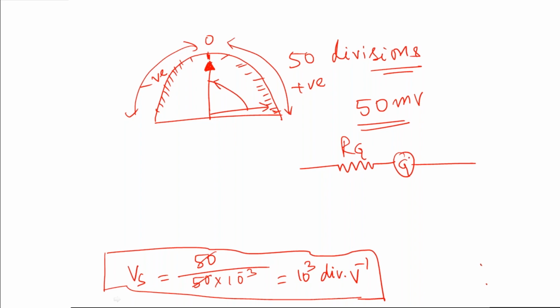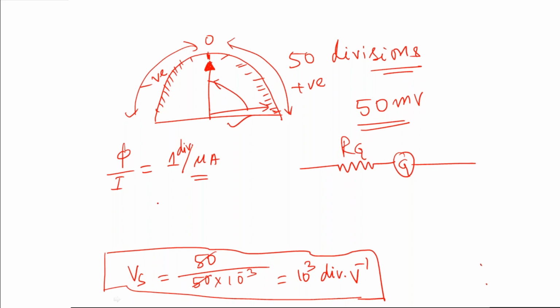So you have to find out the resistance of the galvanometer if the current sensitivity is also given. The current sensitivity given here is 1 division per microampere.